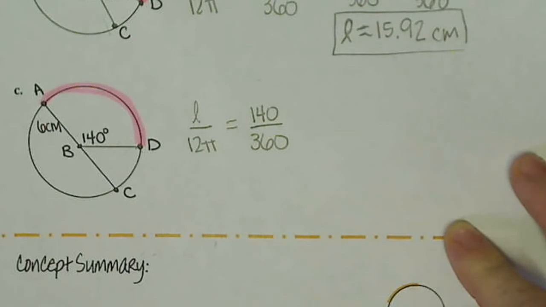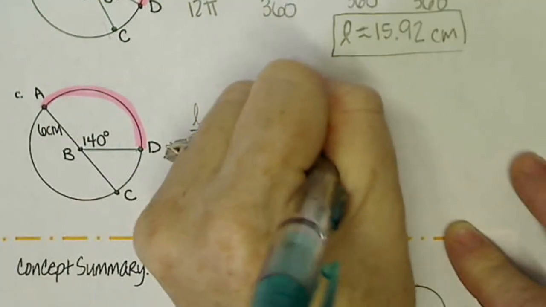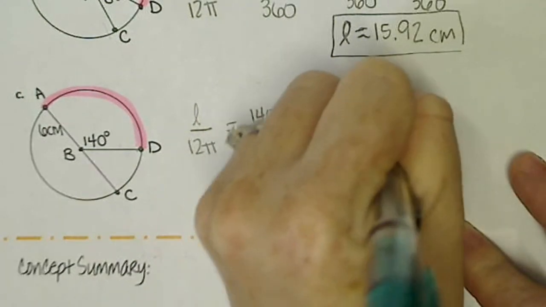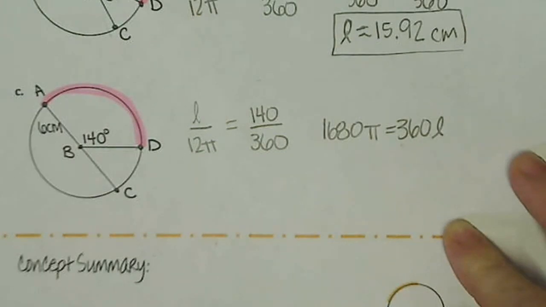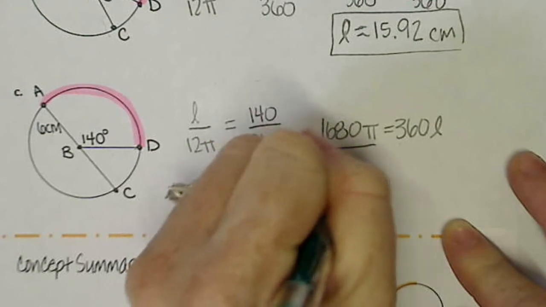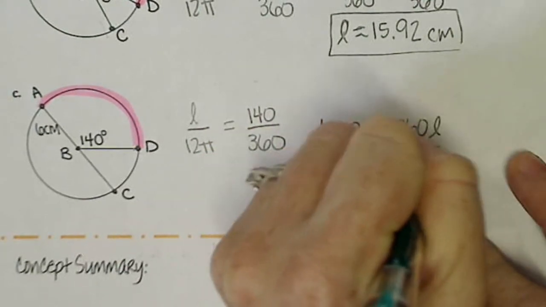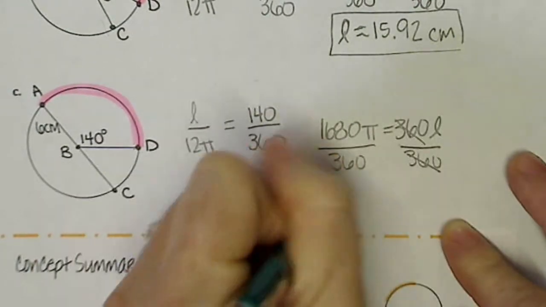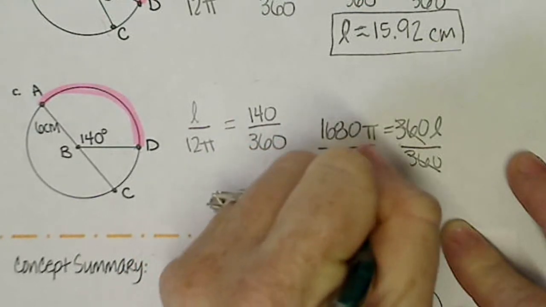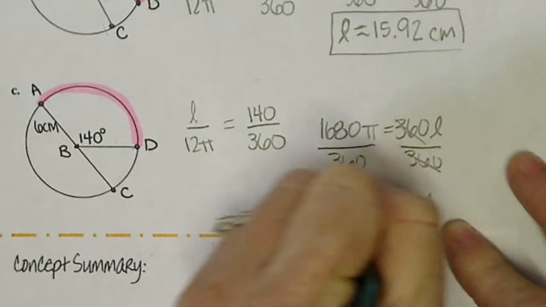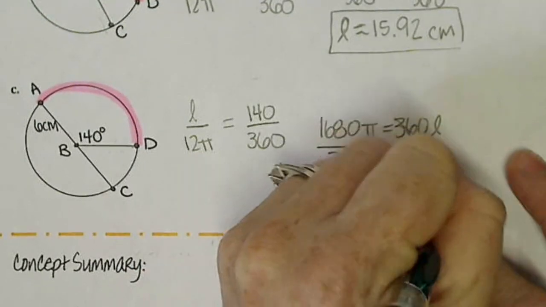Go ahead and cross multiply. You are going to get 1680 pi equals 360L. Divide by 360. And the length is about 14.66 centimeters.